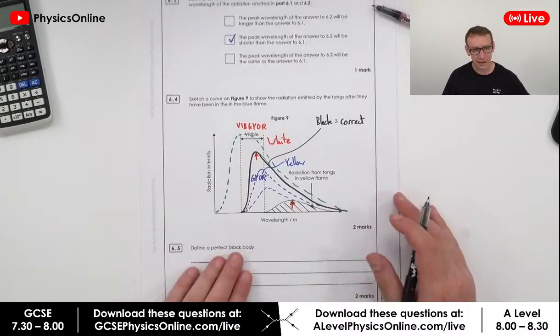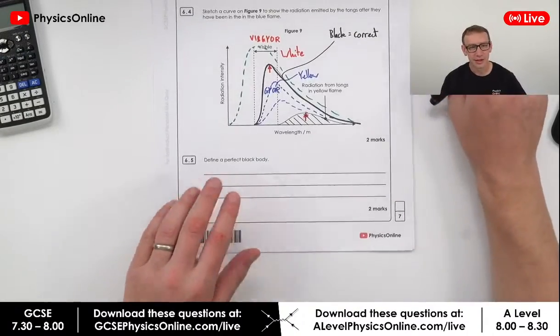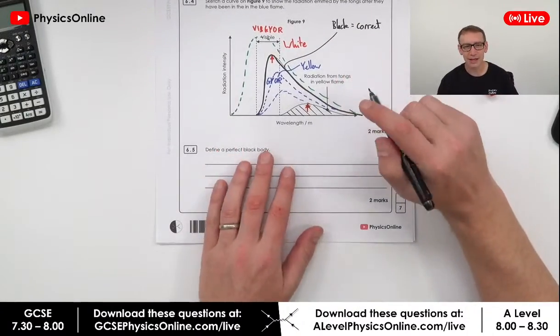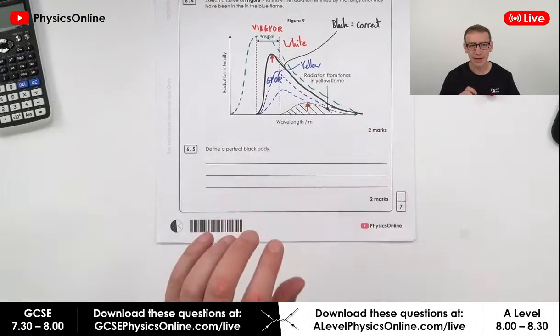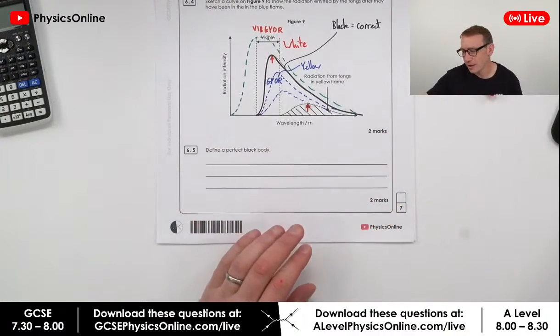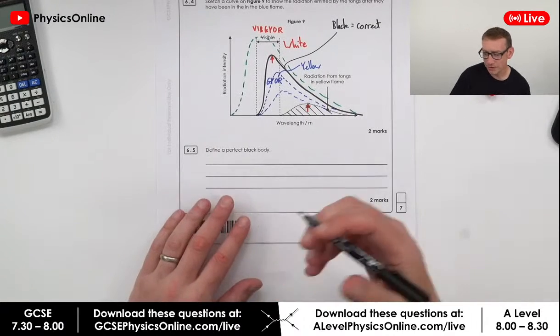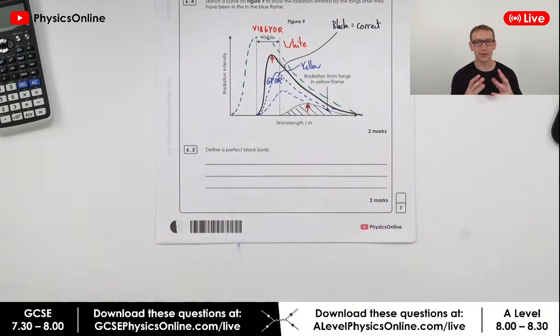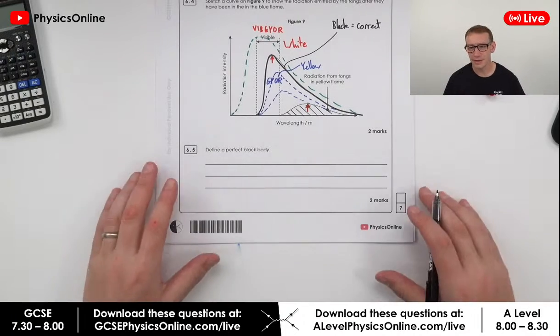Okay, define a perfect black body. So this is something that everybody here needs to know about. A perfect black body, the definition, if you are doing triple science, is that it absorbs all the radiation that you shine on it, and it is also a perfect emitter.